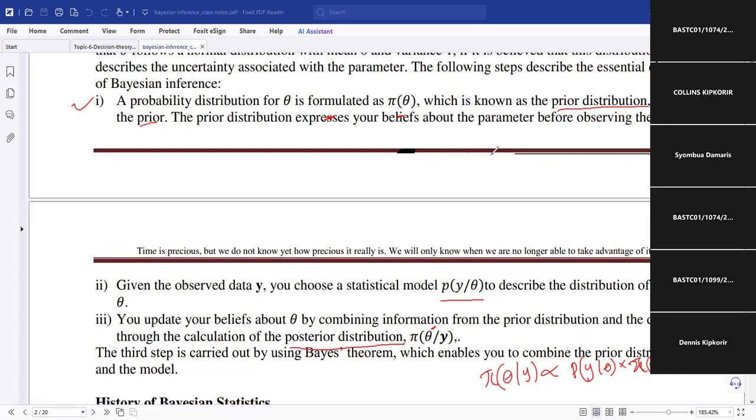So it involves three things. One, the prior distribution. Secondly, the statistical model that you get from the observed data given the parameter theta. And then the third one, a combination of the prior distribution and the data, you get the posterior distribution. So that is what forms the Bayesian.